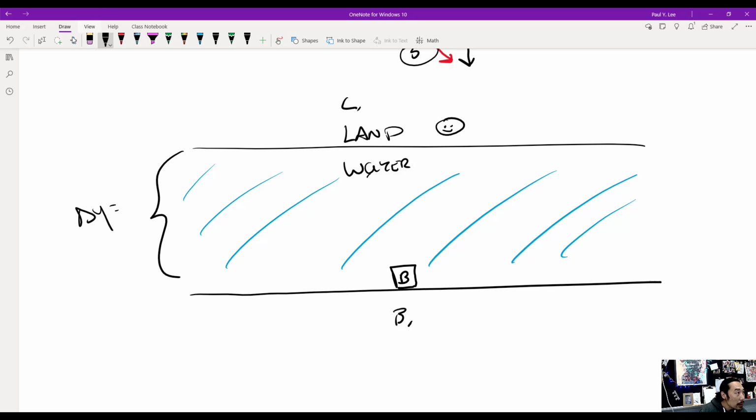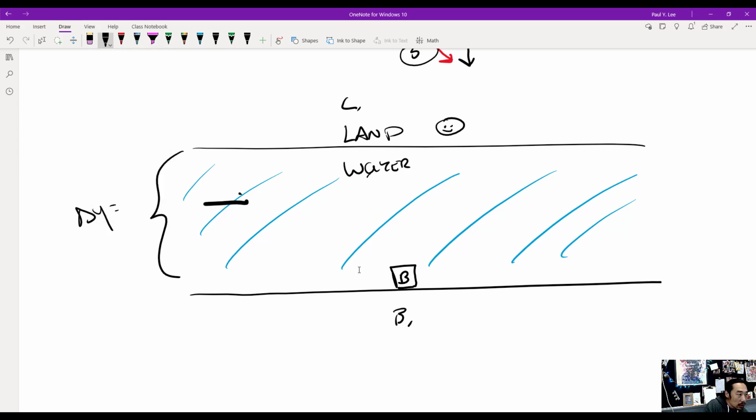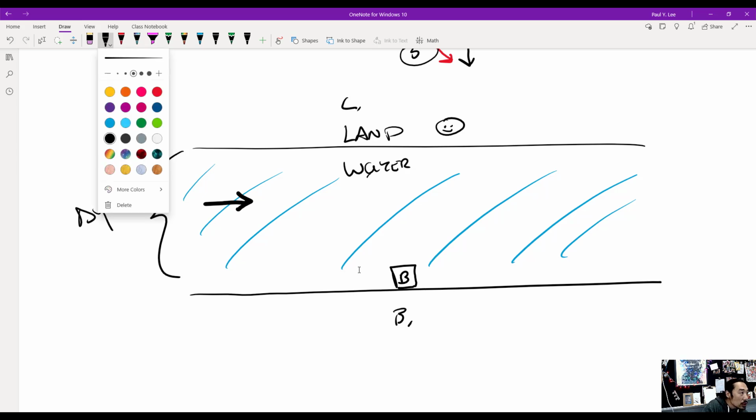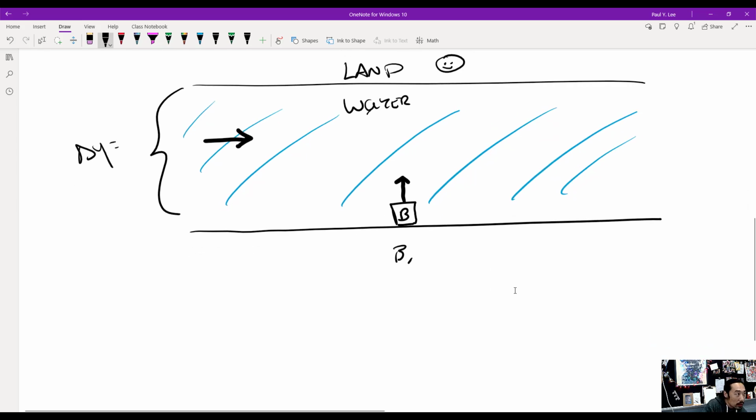Let's think about this conceptually first. The water is flowing with a velocity to the right, so this is the current of the water, and the boat is headed towards land in this direction. If we were to do vector addition, it would look like this for the boat. If this dot represents the boat, we have the velocity of the boat, which is the y vector, and the velocity of the water, which is the x vector.